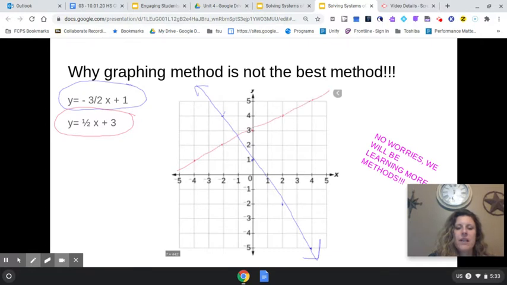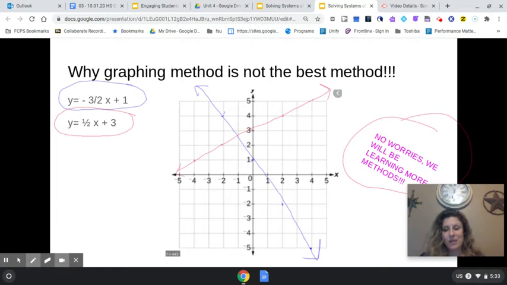Even though my lines are technically not exactly straight, but close to it, we see the points that were originally marked, and there is no nice coordinate. These are meeting in between two coordinates. So this shows us a disadvantage of using the graphing method. We don't know exactly where these two lines meet because they're not meeting at whole integer numbers for the coordinates. So no worries, guys. We'll be learning more methods for how to solve systems without graphing in the next few lessons.